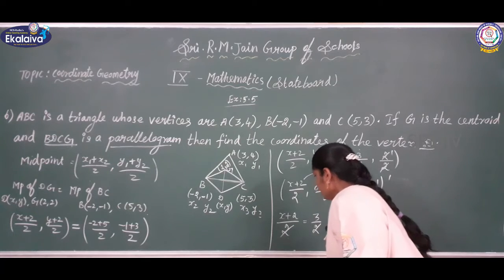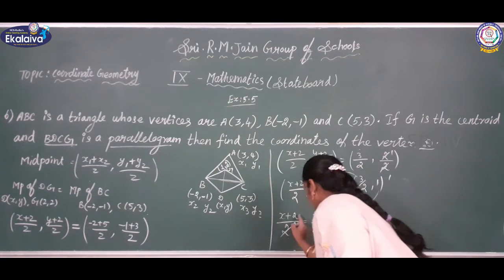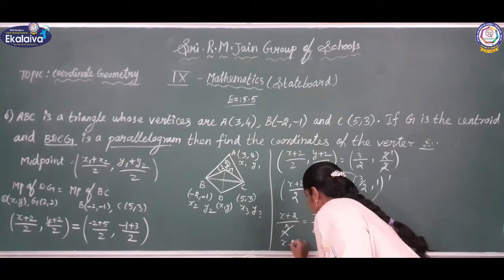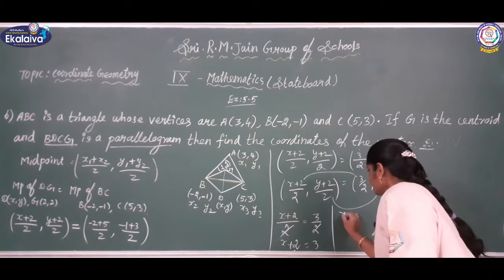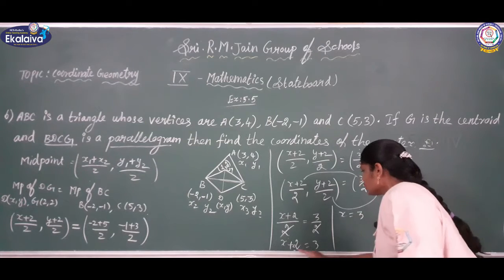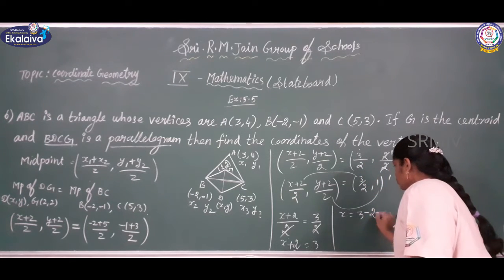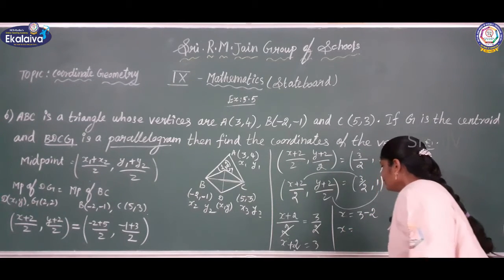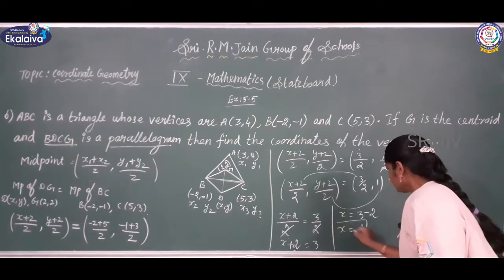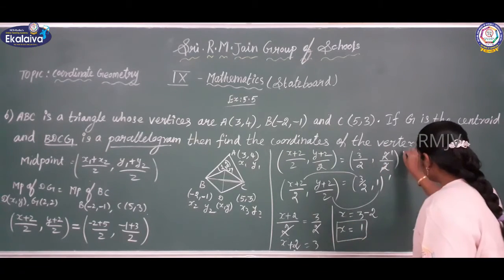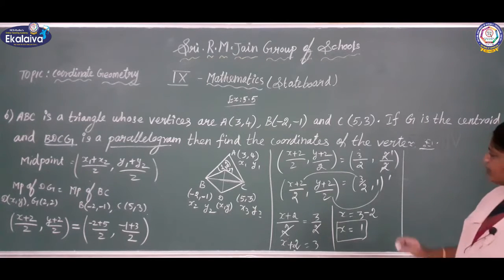So the 2 cancel. x plus 2 equal to 3. Then x equal to 3, plus 2 will change to minus 2. So x equal to 3 minus 2, what will you get, children? 1. Okay.